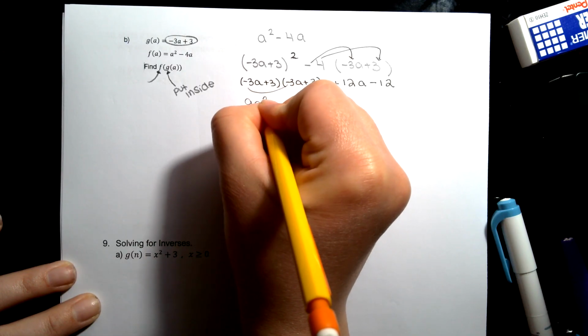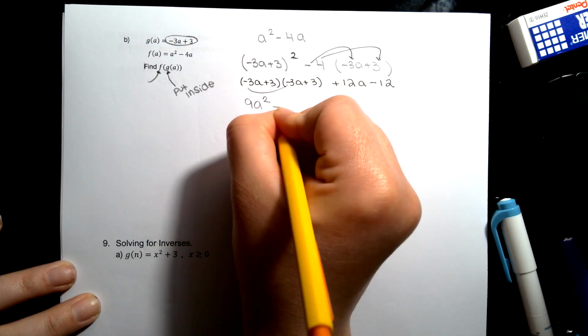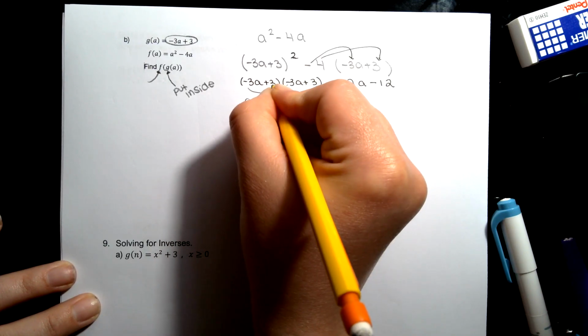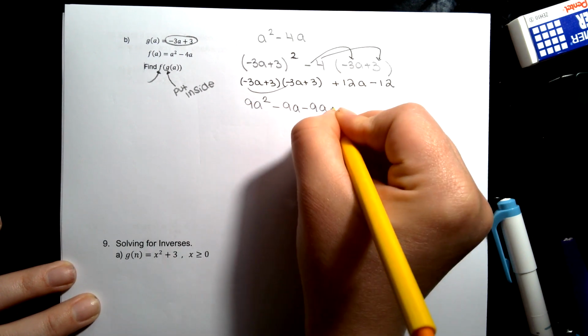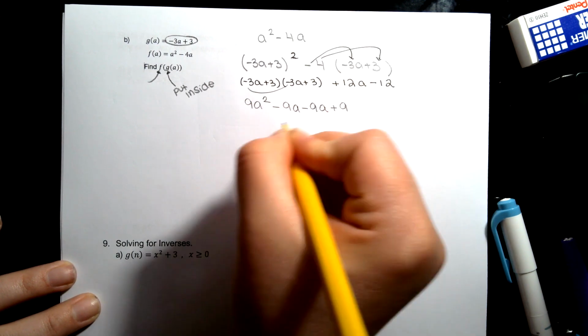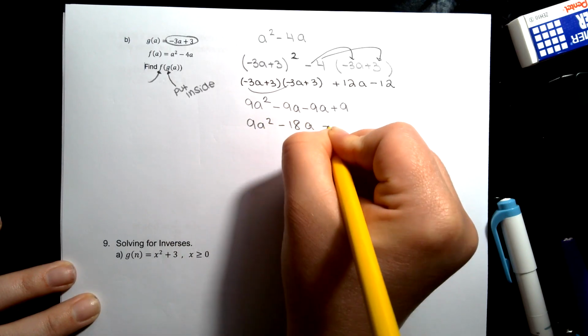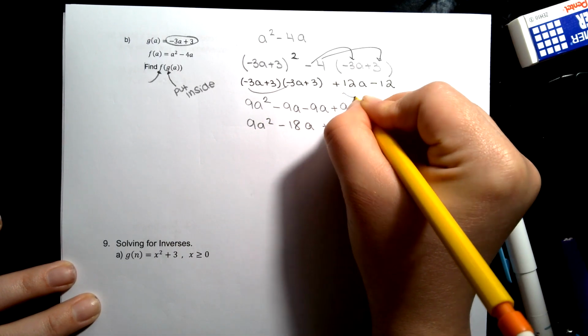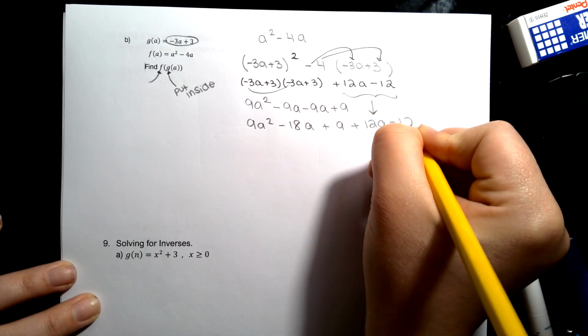A times a is a squared. Negative 3 times positive 3 is a negative 9a. 3 times negative is negative 9a. Positive positive is a positive 9. So we have 9a squared minus 18a plus 9. And then I'm going to bring our 12s down, plus 12a minus 12.